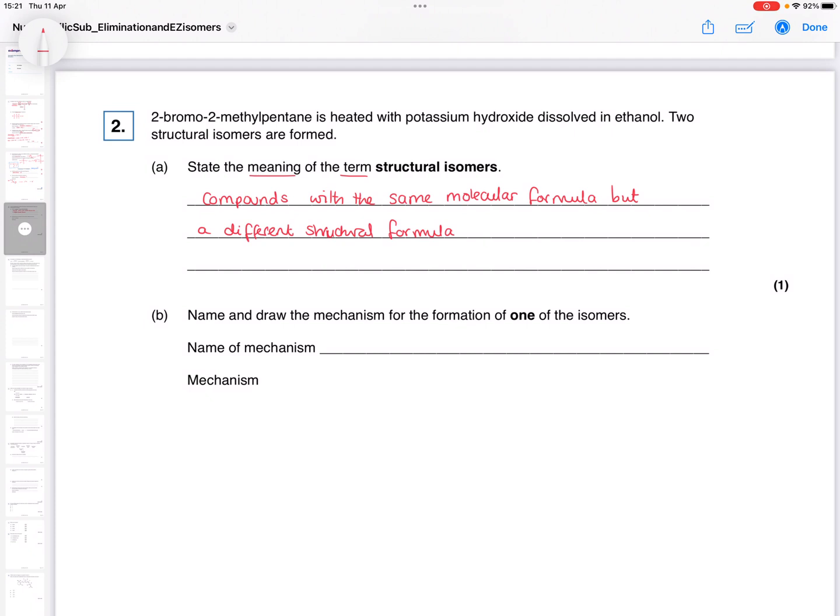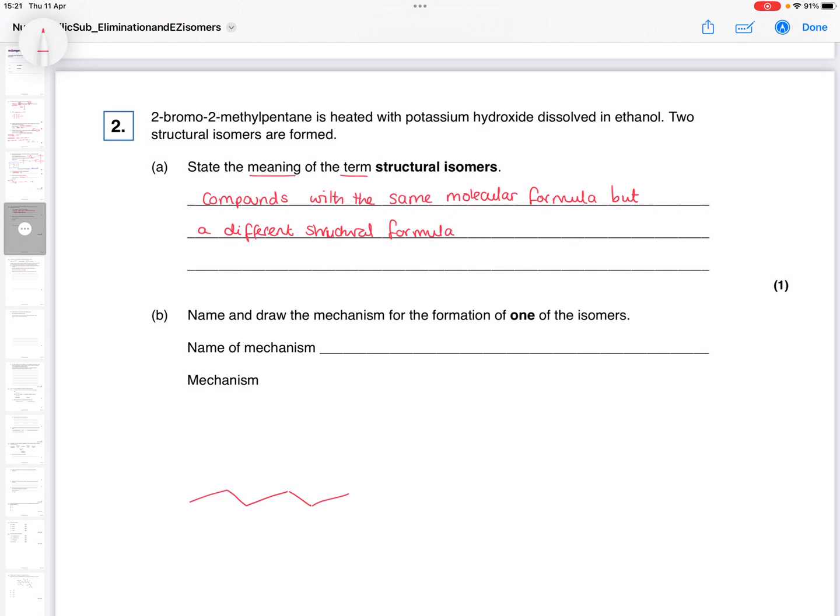Name and draw the mechanism for the formation of one of the isomers. So we've got 2-bromo, 2-methylpentane, heated with potassium hydroxide, dissolved in ethanol. So let's start by drawing our skeleton. 1, 2, 3, 4, 5.